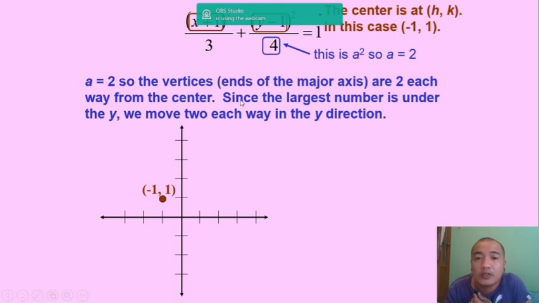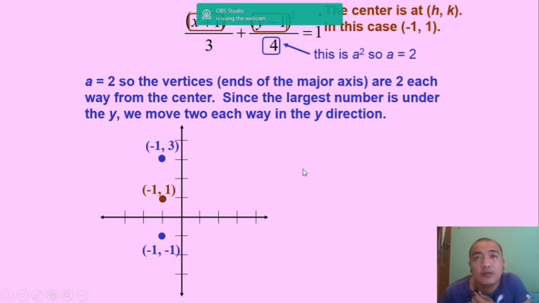So the vertices, or the ends of the major axis, are 2 each way from the center. Since the largest number is under the y, we move 2 each way in the y direction. So since this is case 2, up and down lang tayo ng 2 parts for the ends of the major axis. 1, 2 up, 1, 2 down. So the ends of the major axis are negative 1, 3 and negative 1, negative 1.